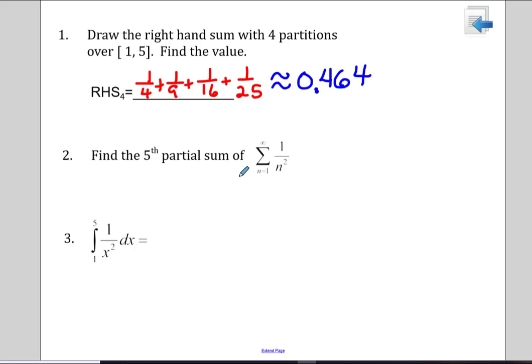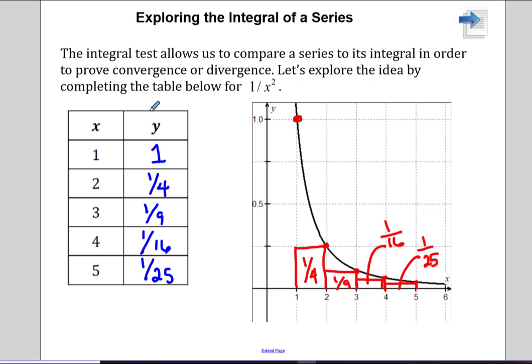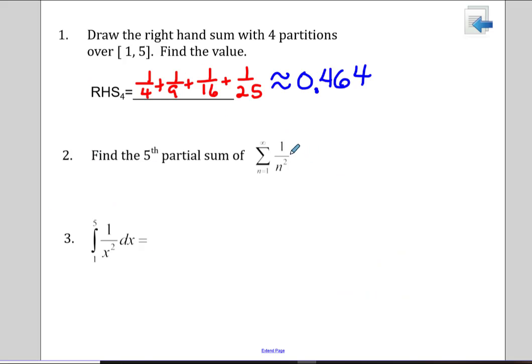But when we find the fifth partial sum of that sequence, that means I would go back to the table and add this first value. So that would be 1, 2, 3, 4, 5, the first 5 terms of the sequence, and adding 1 to that, we're going to get 1.464.